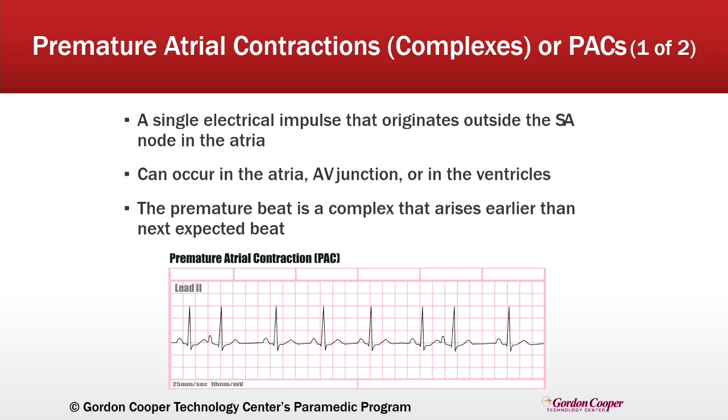This premature beat comes earlier than the next expected regular beat, and that's causing the rhythm to temporarily become irregular. Now, the complex associated with the premature beat might look different from the usual complexes because it originates from a different part of the heart. These early beats are often harmless, but they should be observed, especially if they become frequent or are associated with other symptoms.